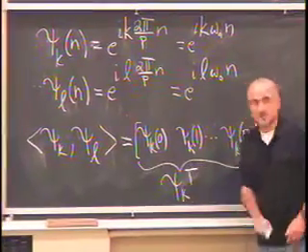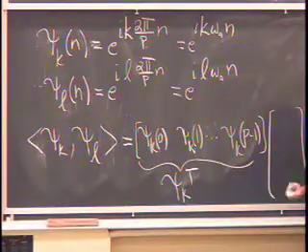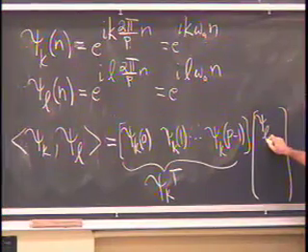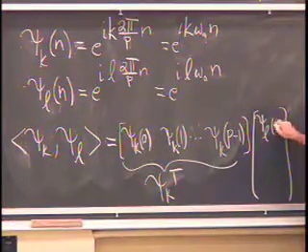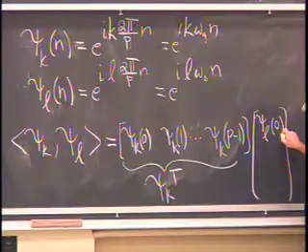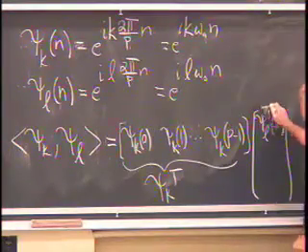That's the vector ck transpose times CL 0, what's missing? Conjugate.